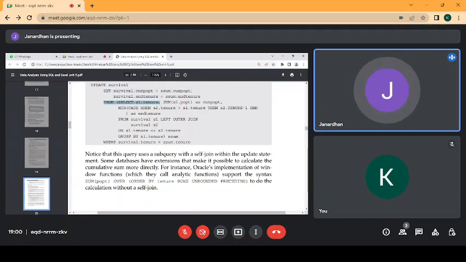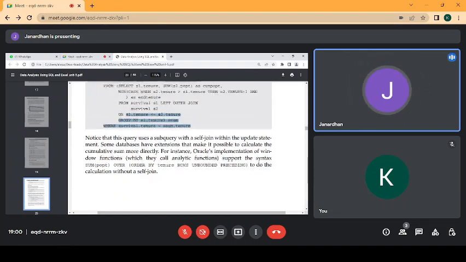From select S1 dot tenure, comma sum of S2 dot POPT as customer path, mean case when S2 dot tenure greater than S1 dot tenure, then S2 dot tenure minus 1 as end tenure, from survival S1 left outer join survival S2 on S1 dot tenure less than S2 dot tenure, group by S1 dot tenure, S sum where survival dot tenure equal to S sum dot tenure.